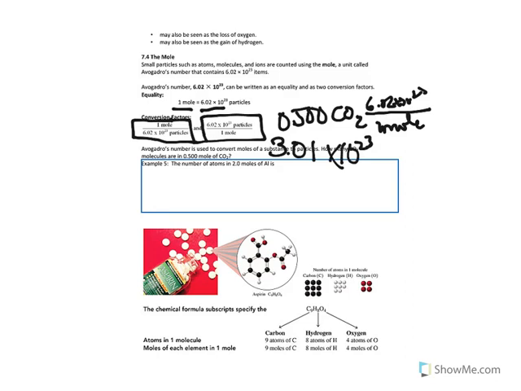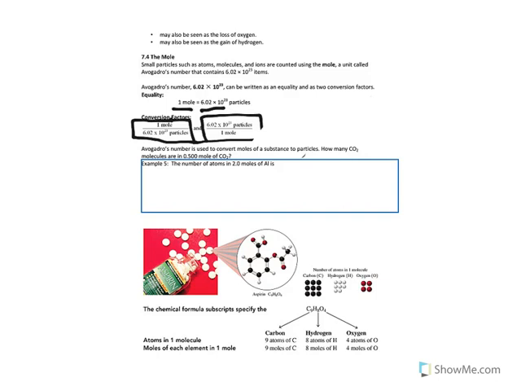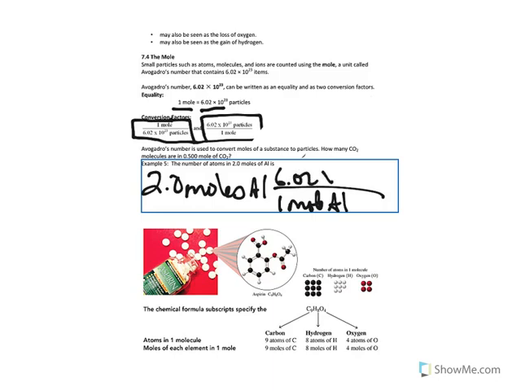Let's try another example. Let's say we have 2 moles of aluminum, and we want to know how many atoms of aluminum that is. So 2 moles of aluminum. In 1 mole of aluminum atoms, we have 6.02 times 10 to the 23rd.